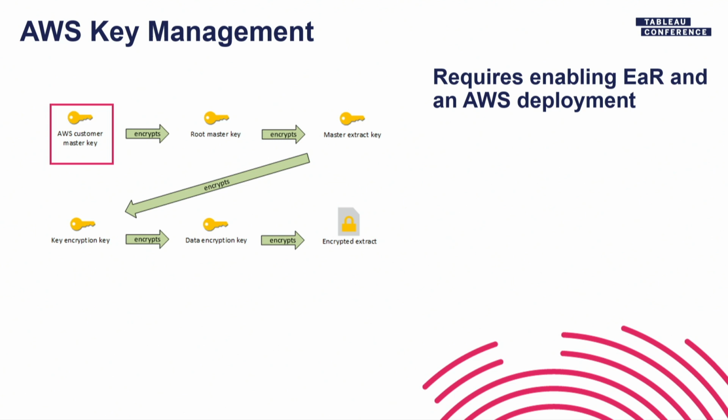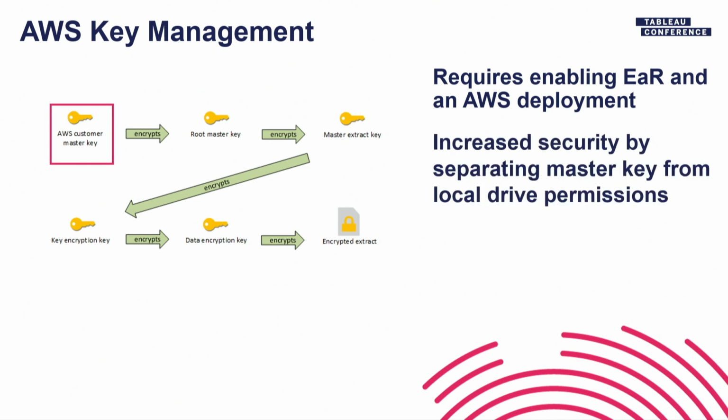But what I do want to call out is the fact that the red box in the upper left is the root master key that is stored externally, that is stored in AWS KMS itself. So what this allows is for increased security by separating who has access to AWS KMS from the local drive permissions. It's essentially an additional security layer on top of encryption at rest.